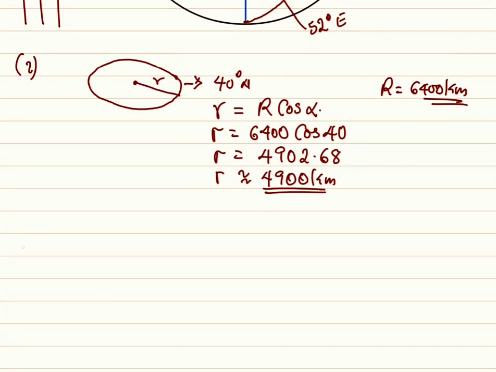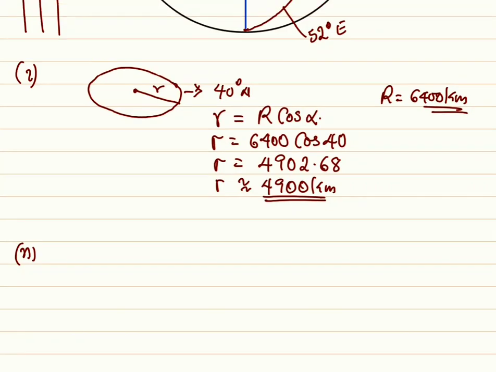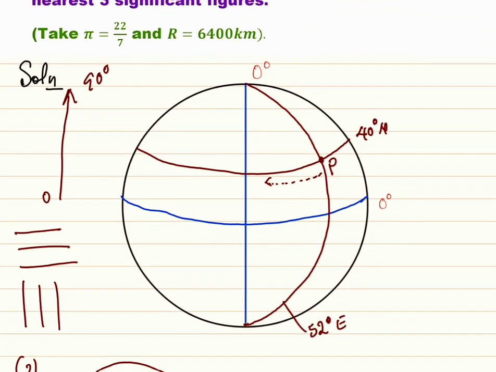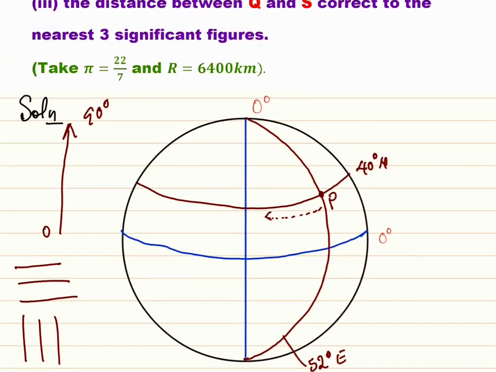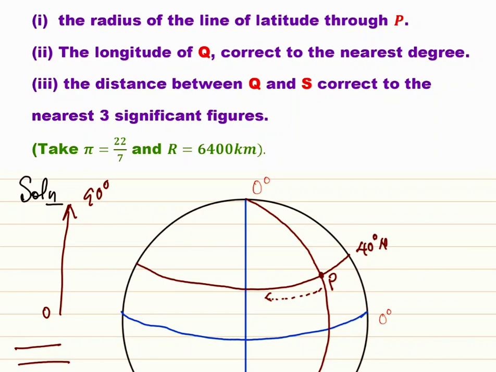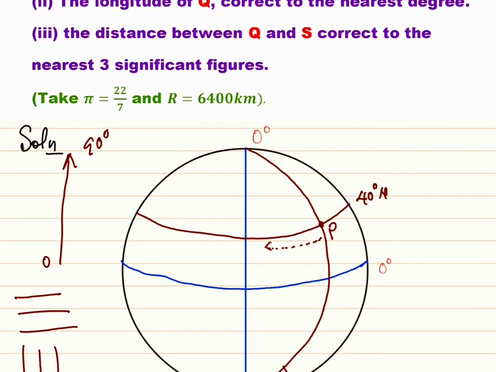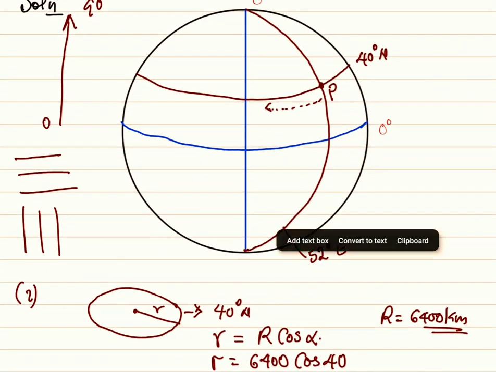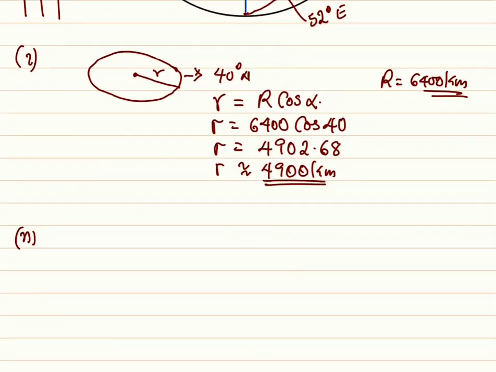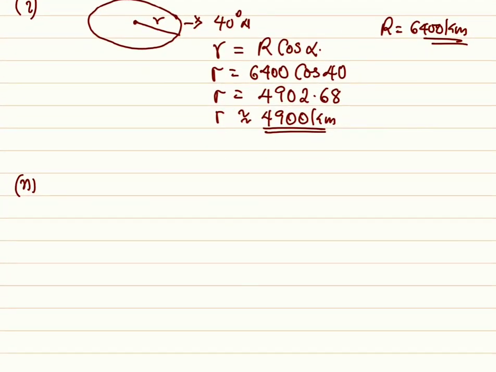Now, let's move to Roman figure 2, which is going to help us know to what extent it has moved, or where Q will be. Now, from the diagram or from the question, you agree with me that PQ is 1450 kilometers.